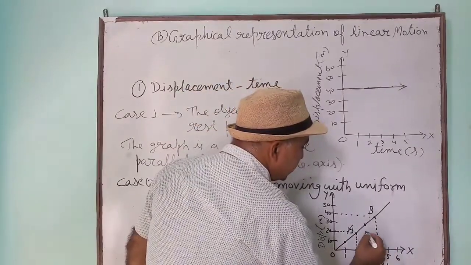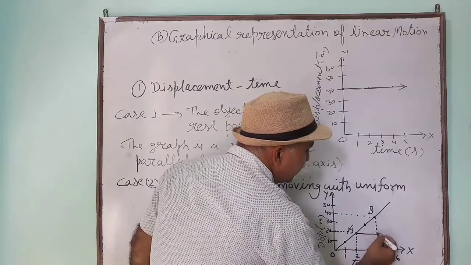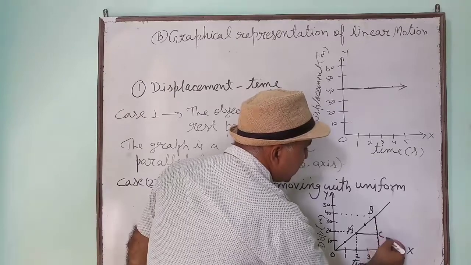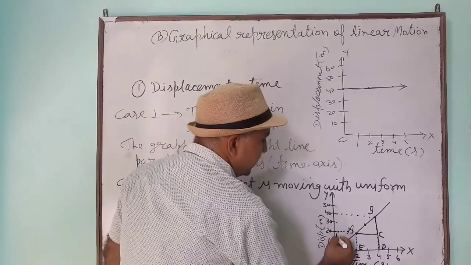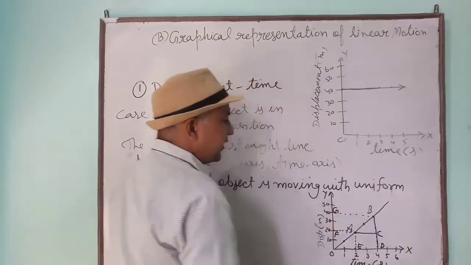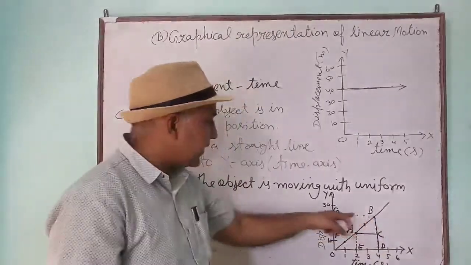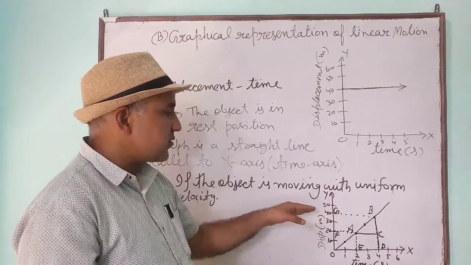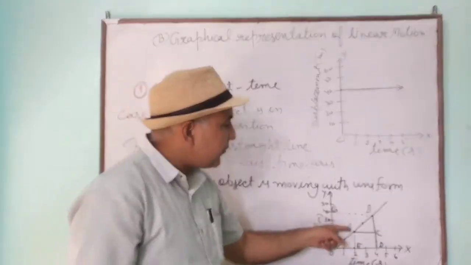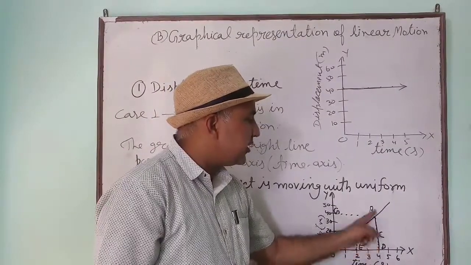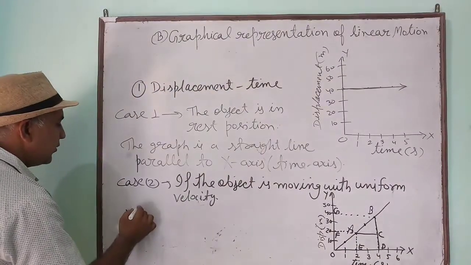Suppose this point is C, this is D, this one is E, this point is F, and this point is G. Understood? From A we will extend this line to BD, which intersects at C.